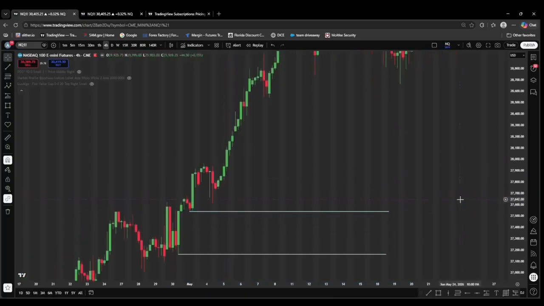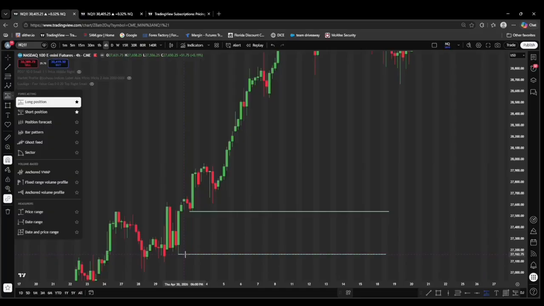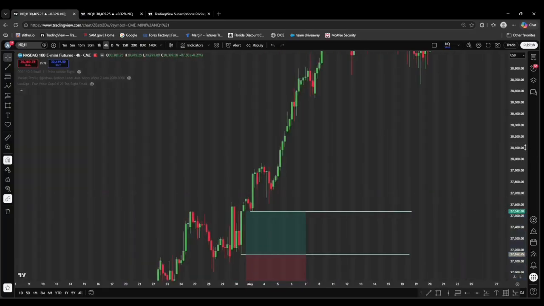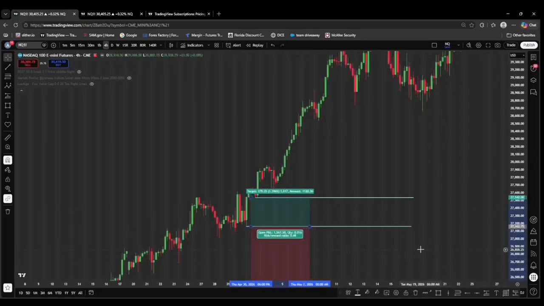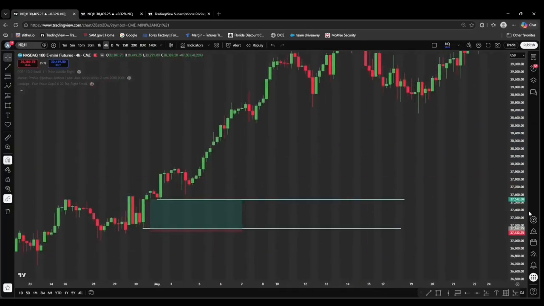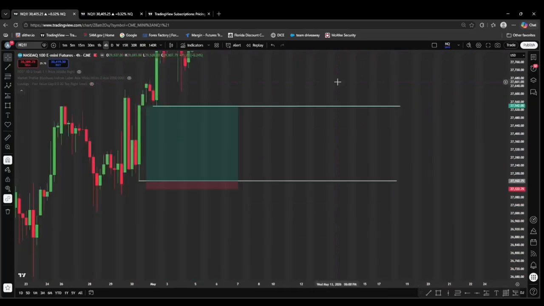Let's do it like that to be more realistic, because that would have been a big old trade. I already have this marked out, so I don't use the long position. Some people use this. I don't be using it. If I got to do all that, I could just draw the line and call it a day.